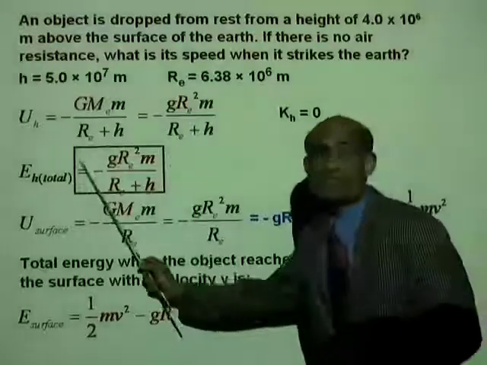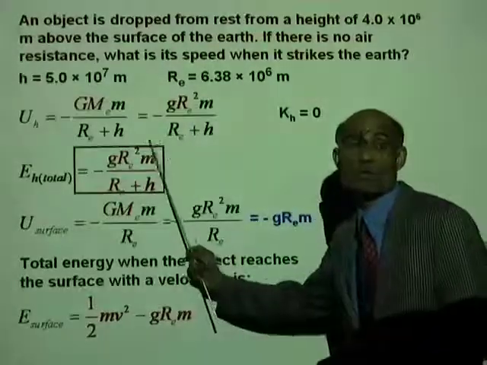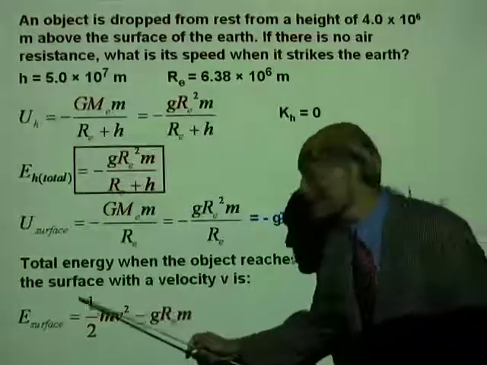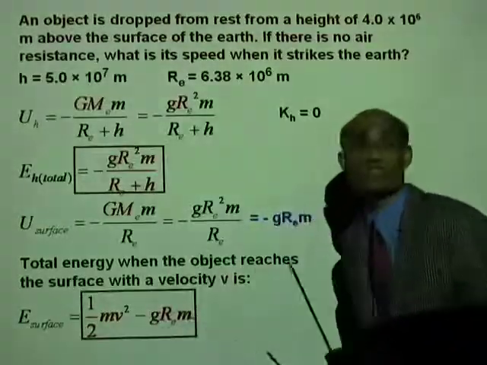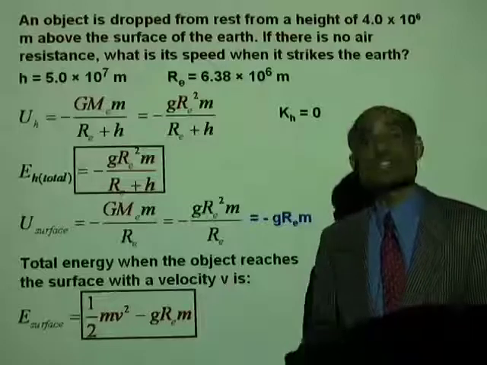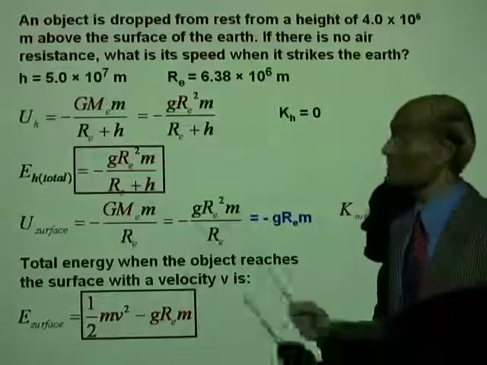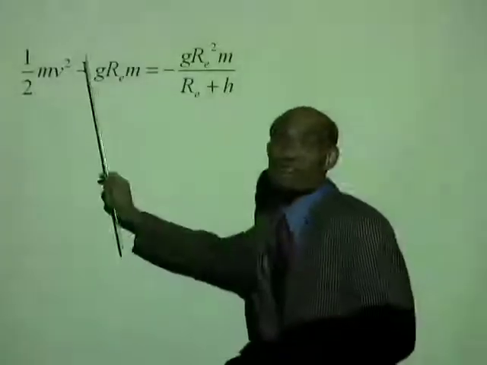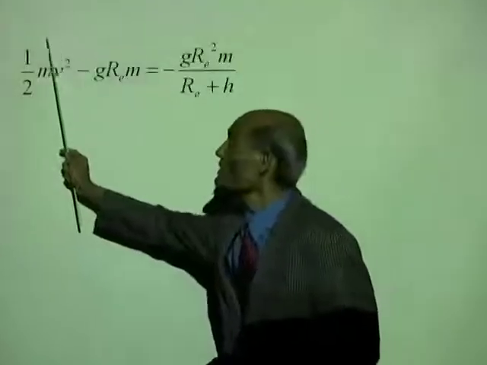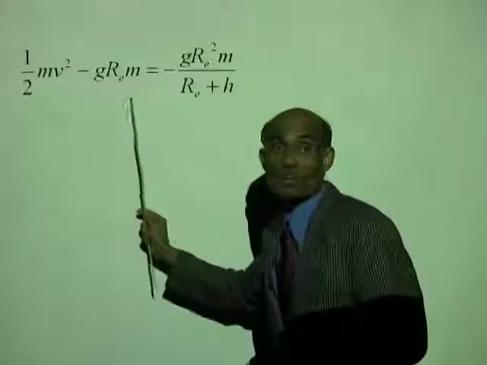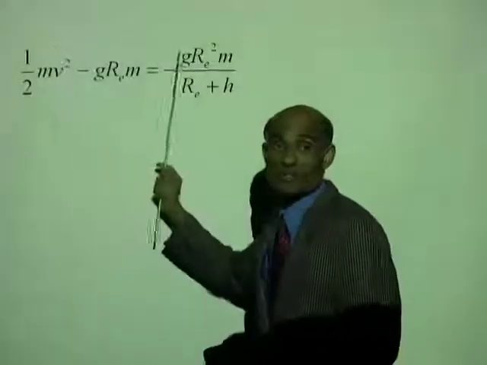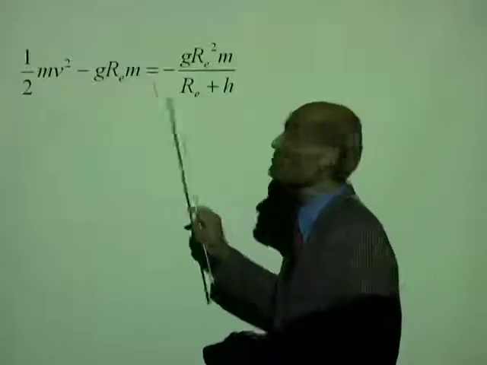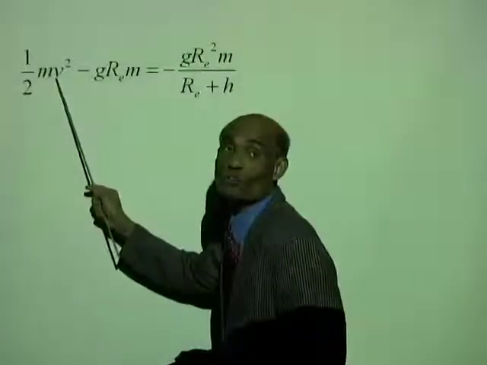And now, this quantity, which is the total energy at the height h, must be equal to this quantity, which is the total energy on the surface of the earth. Let's go to the next slide and equate these quantities. Now, I took those two quantities. This is the total energy on the surface when it reaches. This is the total energy at the height h. And we need to solve for this v.